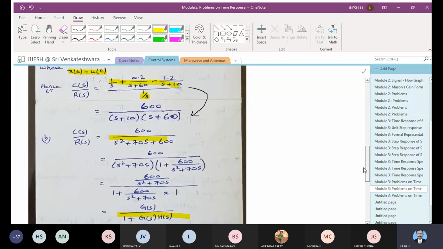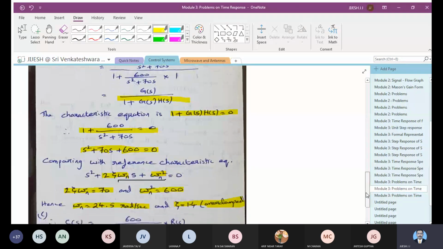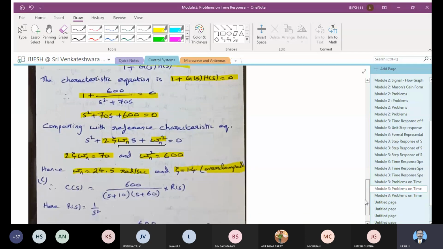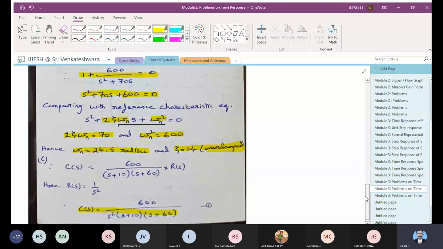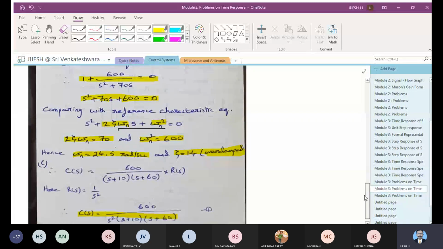So the equation will be C of s is equal to 600 divided by s square into s plus 10 into s plus 60. Give it as equation number 1. So all of you complete it till here. Some of you might be still doing it. After completing this we will proceed further.